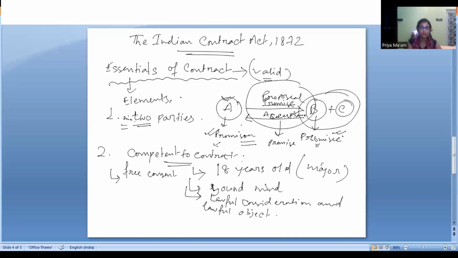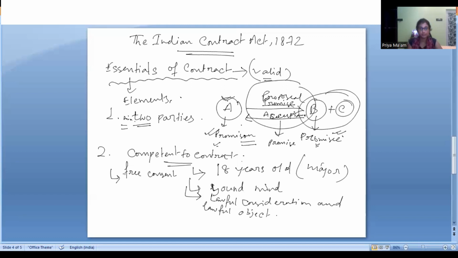But if I am threatening you, or someone is threatening me to make the proposal, it is also not free consent. I am not free to create my proposal or to create my mindset. It is under threatening, or under fraud or misrepresentation, or force, coercion.